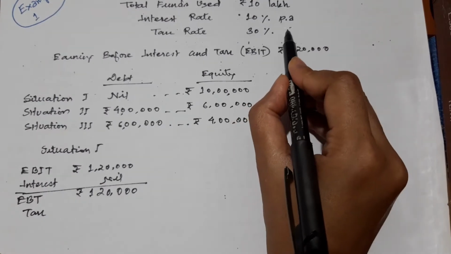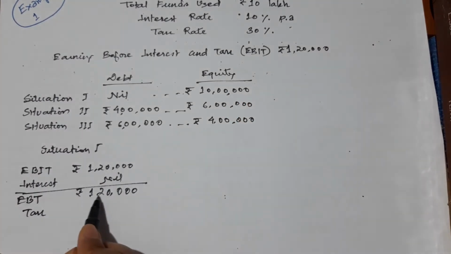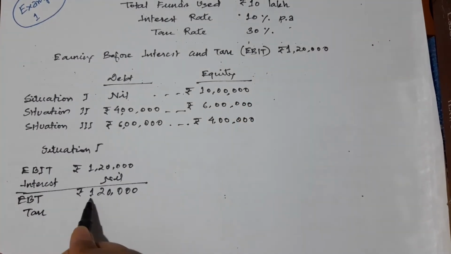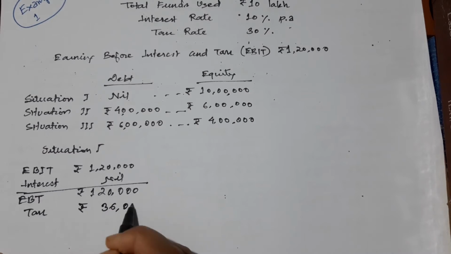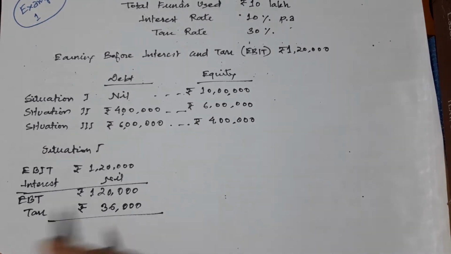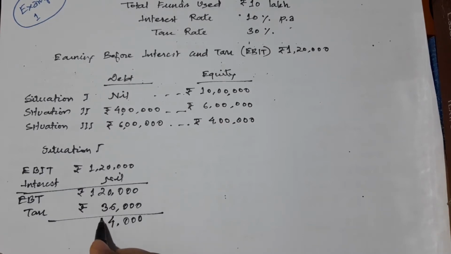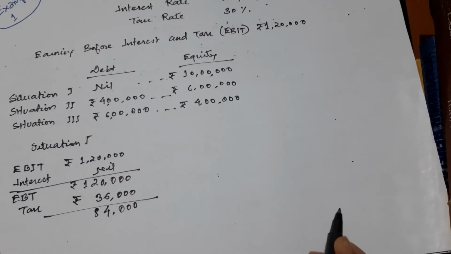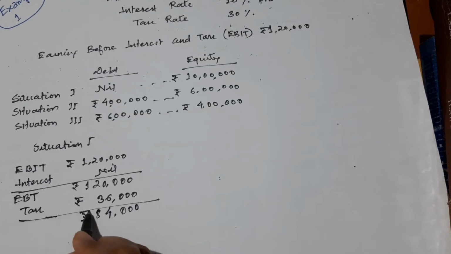Now calculate the tax. The rate was 30%. This 30% you have to calculate on this amount, this earning before tax, rupees 1,20,000. So 30% on 1,20,000 is 36,000. Now this rupees 84,000 is earning after tax.